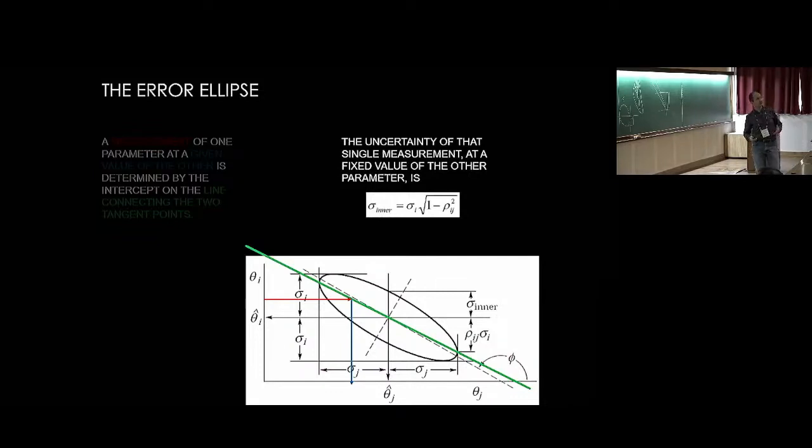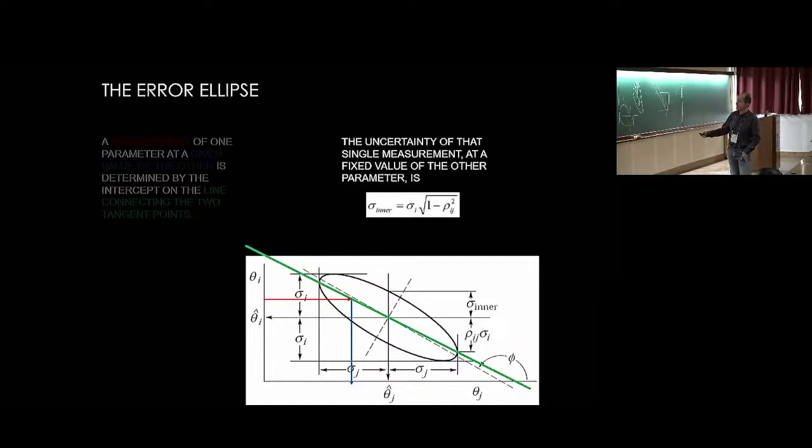This is what the correlation coefficient does for you. It decreases the uncertainty of your measurement when you are fixing one of the two variables. Since they are correlated, fixing one of them is affecting the other one. And so the other one will shrink its uncertainty, and this is geometrically this quantity sigma inner.